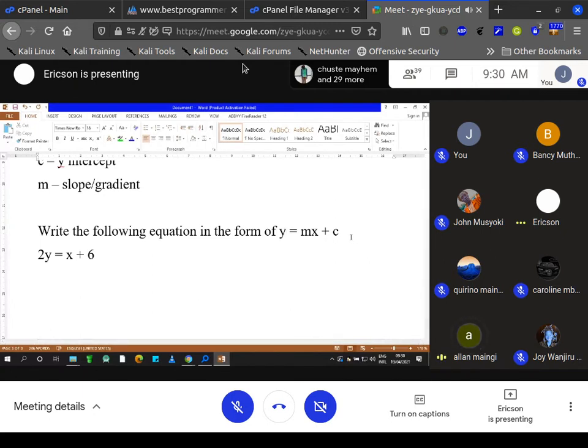You are being told write the following equation in the form mx plus c. So given this equation, you must have y on the left hand side on its own, and on this right hand side you should have the rest. For you to have y here, divide this side by 2.